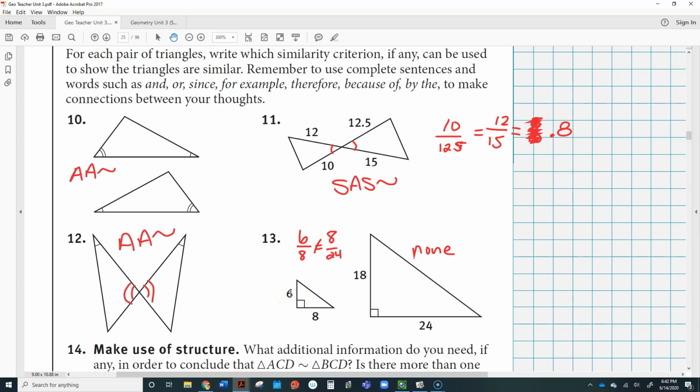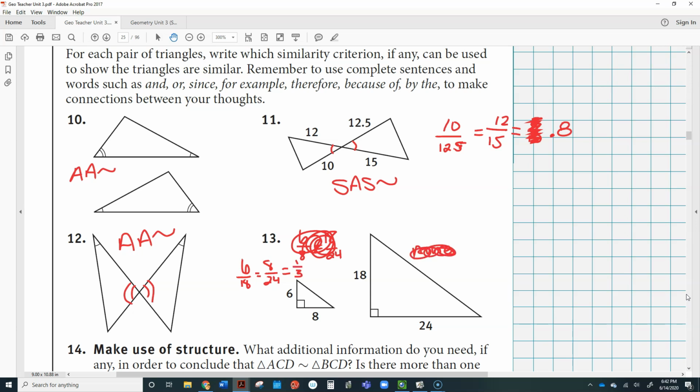And this next one, oh goodness, I did it wrong. I just realized I did 6 over 8. I should have done 18 over 24. Actually, that's not even what I was supposed to do. I should have done 6 over 18, because those are corresponding sides. 6 is smaller, so put it with the smaller number over here, and then do 8 over 24, and they should both reduce down. 6 will go into 18 three times, 8 will go into 24 three times, so they both reduce to 1/3.